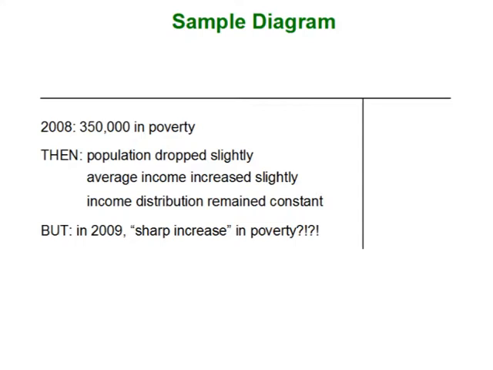How could these two possibly coexist? And now when we go to the answer choices, we have a much better idea of what we're looking for. We need a new fact that will explain why poverty went up when all this other evidence suggests that, if anything, poverty should have gone down.